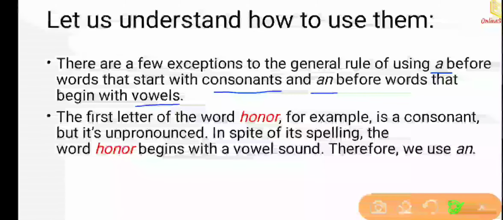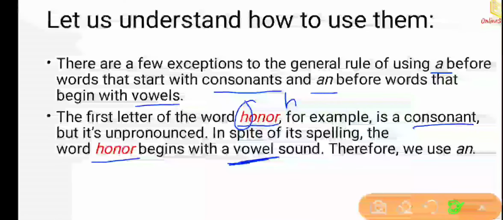The first letter of the word honor, for example, is a consonant, but it is unpronounced. Now you can see that it is H here and it is a consonant, but when I'm pronouncing it, I'm calling it "honor." That means in spite of its spelling, the word honor begins with a vowel sound. Therefore, we use "an" with it.